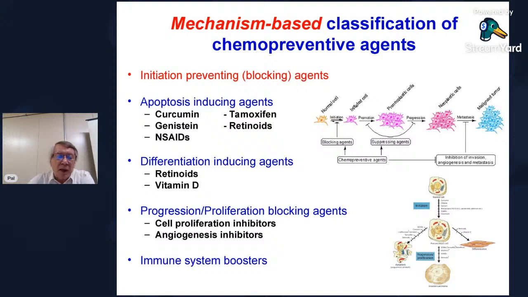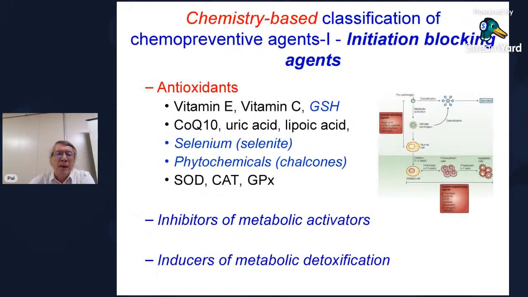Another type of mechanism-based classification of chemopreventive agents is the immune system boosters. The immune system itself deserves a separate lecture, so in this series of lectures, these types of chemopreventive agents will not be discussed in detail.